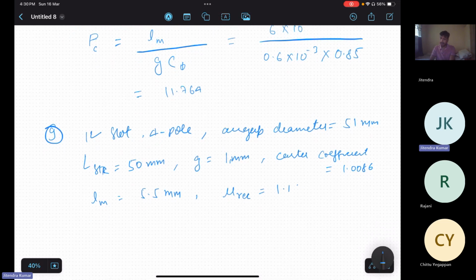Winding is done such that it has four full pitch coils.